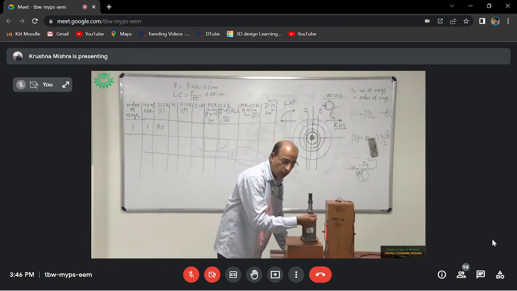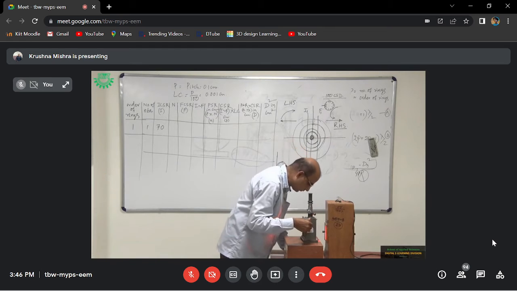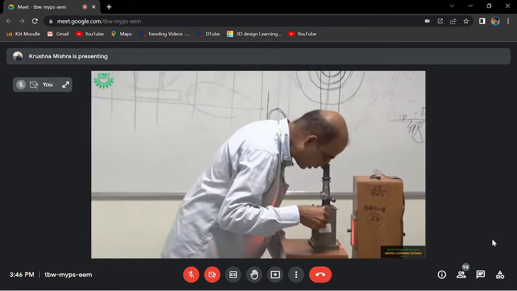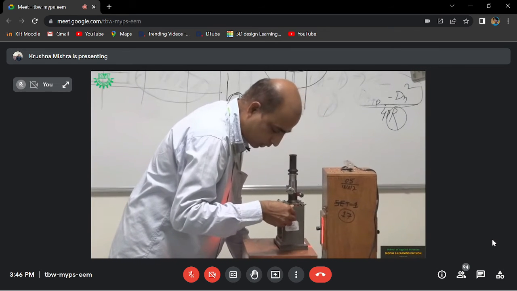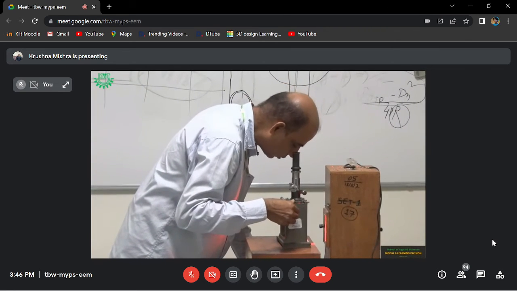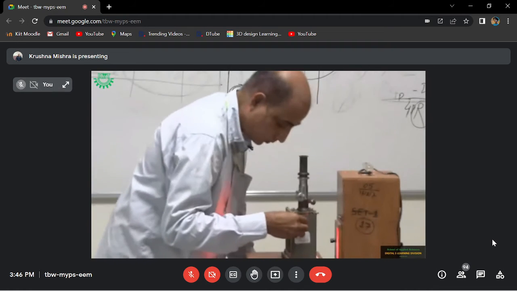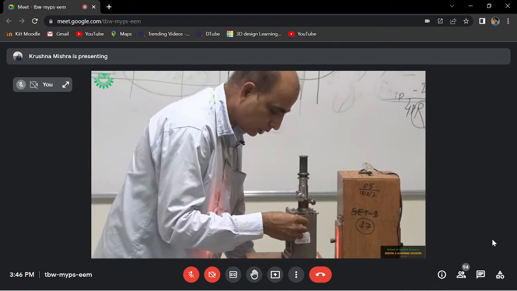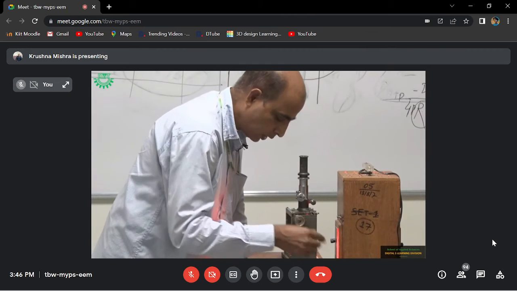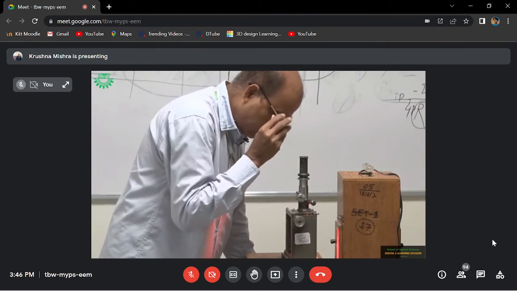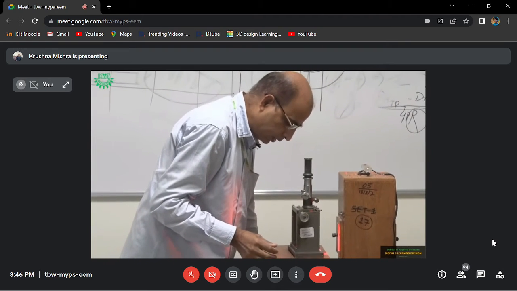So I am rotating now in anti-clockwise direction, and at the same time I am watching whether 70 crosses or not. Yes, 70 has not crossed, and now the reading is in between 91 and 92.